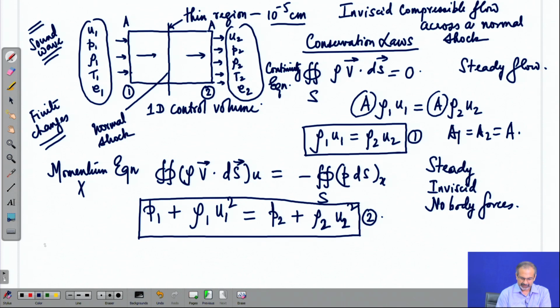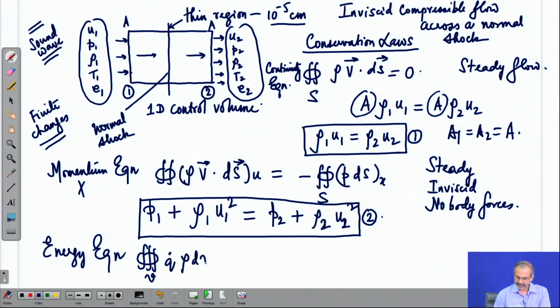You are left with the energy equation. So, what will the energy equation look like? Let us include the volumetric heating term in the beginning, we will drop it out later on, saying that we have an adiabatic flow, but in the beginning we retain it.